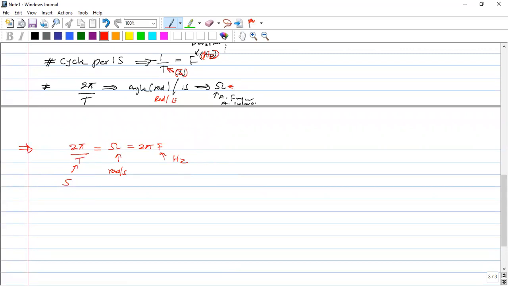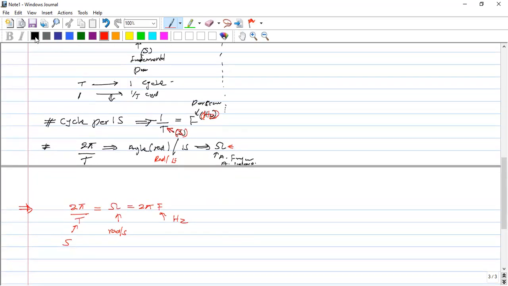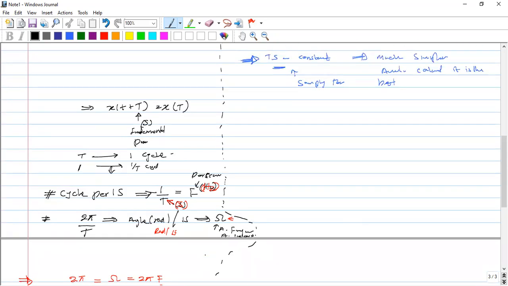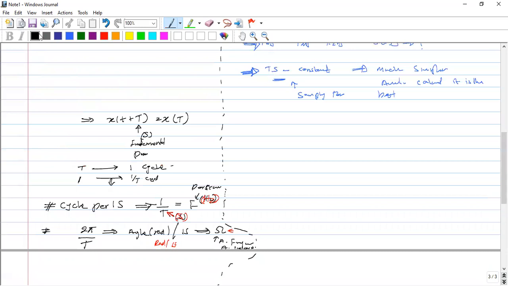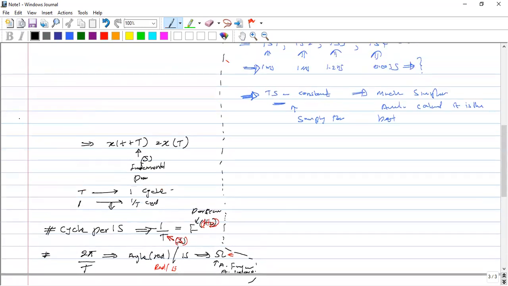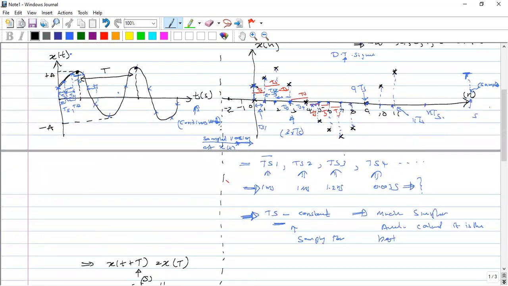Let's see the case of the discrete time version, the discrete time signal. Here you can see we have some samples. From here to here we have some samples.